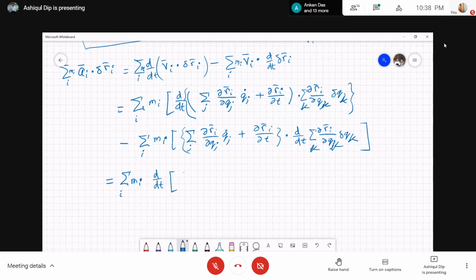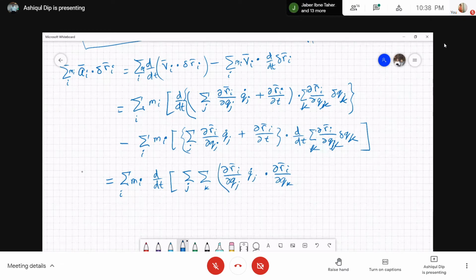So this is sum over j, sum over k, delta r_i over delta q_j dot delta r_i over delta q_k. I'm going to write that variation q_k at the last, out of the sum.